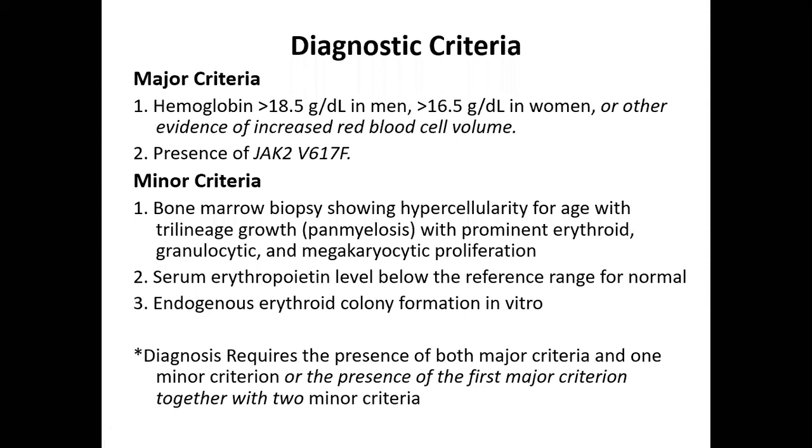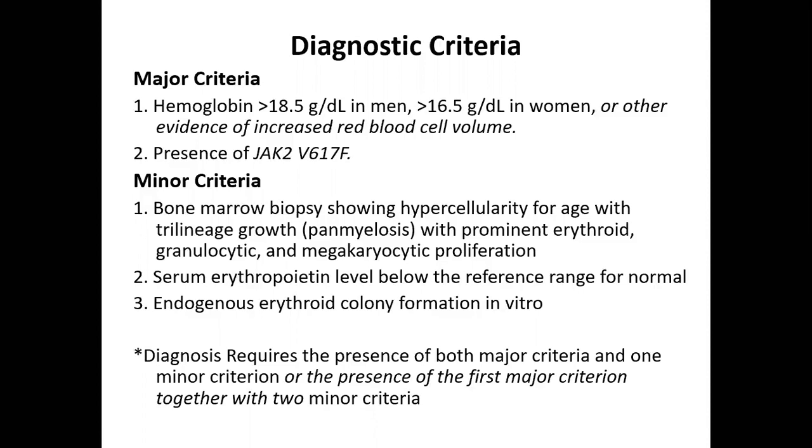The diagnostic criteria for polycythemia have been introduced to aid in differentiating polycythemia vera from other causes of polycythemia. We have the major criteria, which are two: hemoglobin more than 18.5 grams per deciliter in men and more than 16.5 grams per deciliter in women.